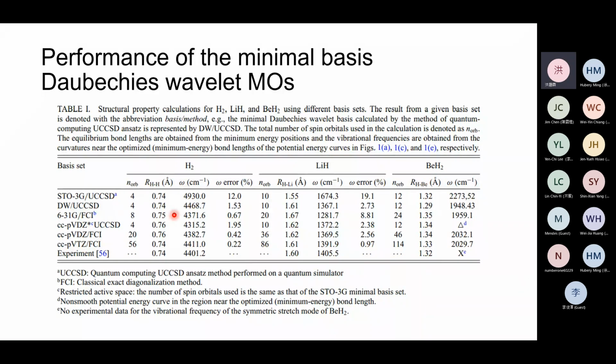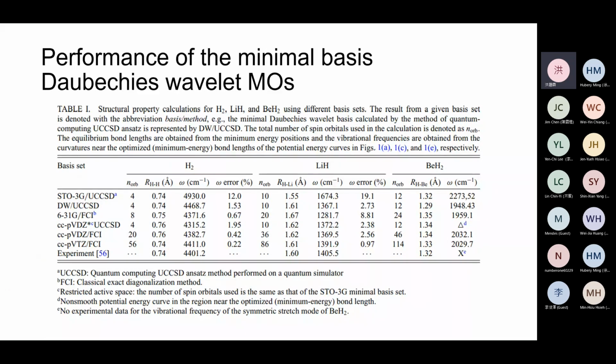Due to the simplicity, let's look at the hydrogen molecule first. Due to the simplicity of the hydrogen molecule, we can see that all methods, including STO-3G, give a reasonable bond length compared to experimental results.